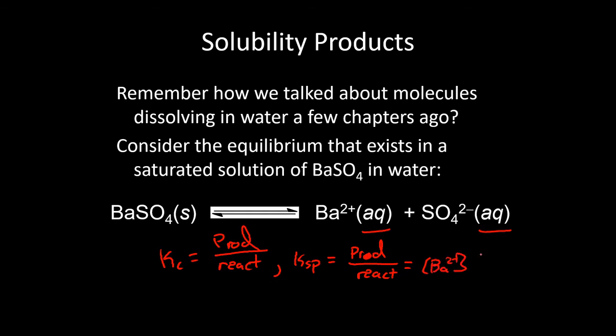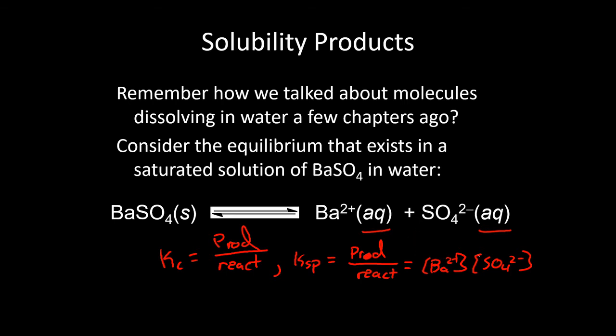barium 2+ times sulfate, because we only have one product and it's a solid. And if you remember, solids do not show up in the equilibrium constant. So the only thing we have are our two products, and this is actually going to be the case for everything that we're going to see.